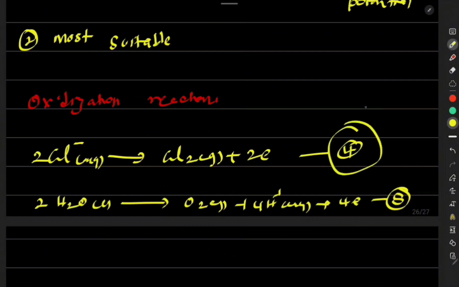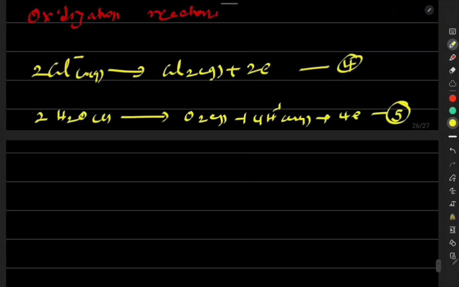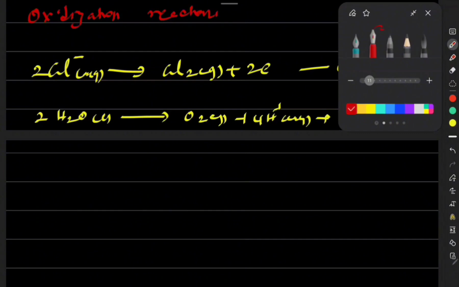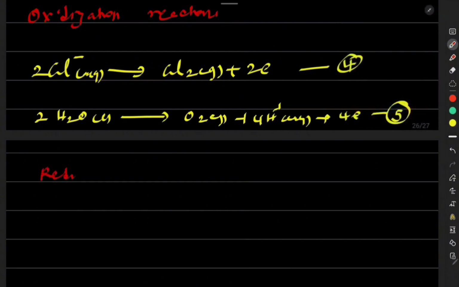Let's consider this as fourth reaction and this as fifth reaction. We should consider the reduction potential of these, the reduction potential of reactions fourth and fifth.